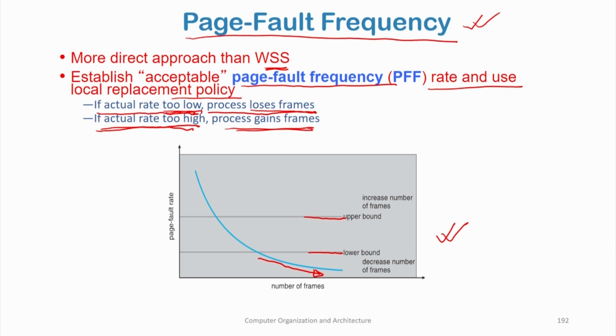When the page fault frequency is higher than the upper bound, the process is experiencing more page faults than it is supposed to. We should increase the number of frames allocated to this process, so that it can keep more active pages, and this is how we control page fault frequency.